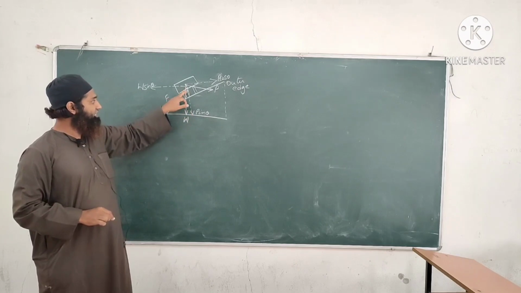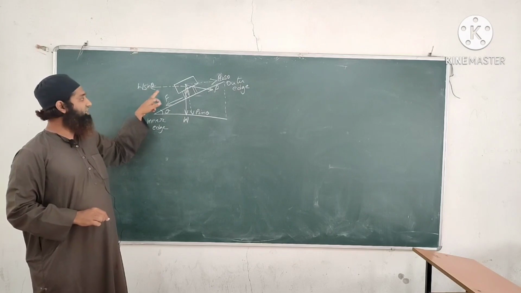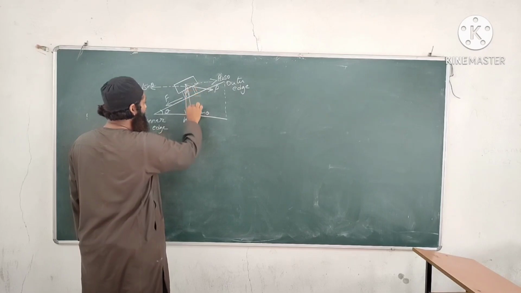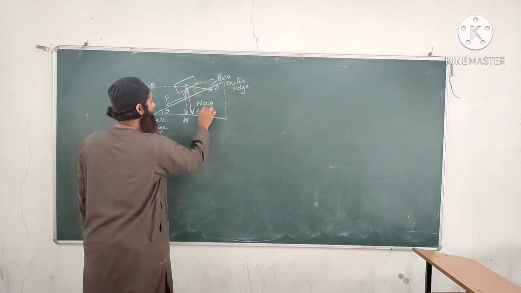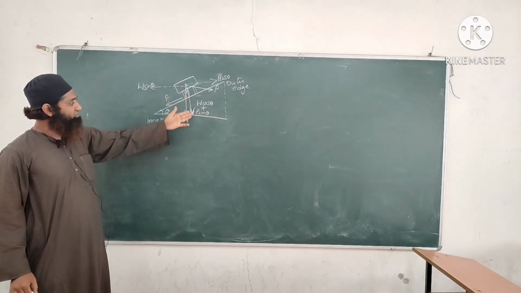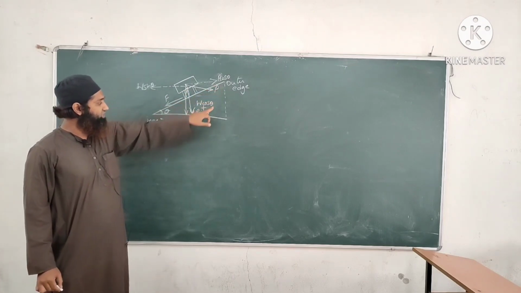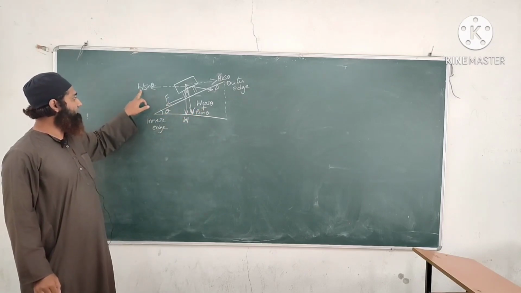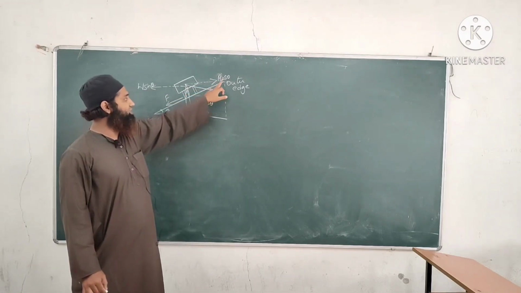If this angle is forming with the y axis, this will change to W sin theta, and in the y direction you will get W cos theta. So basically you have two forces acting downwards, that is W cos theta from the weight of the vehicle and P sin theta from the centrifugal force. In the x direction you can see W sin theta because of the weight of the vehicle and P cos theta because of the centrifugal force.